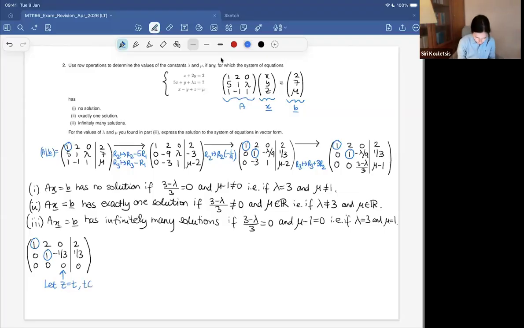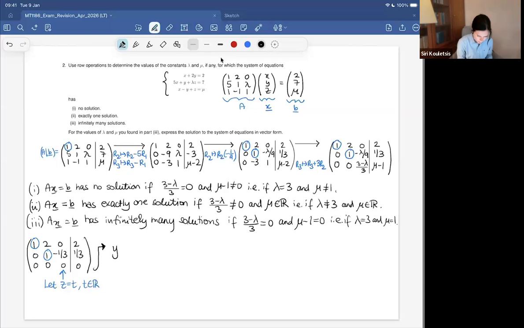It can take any real value here. So we can write z equals t, where t is some real number. And so what do we have here?